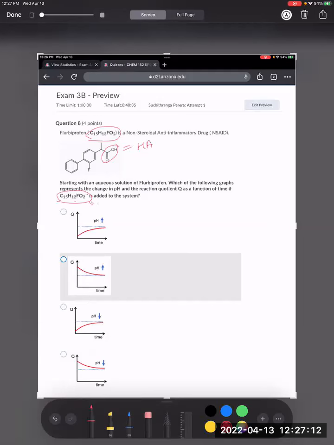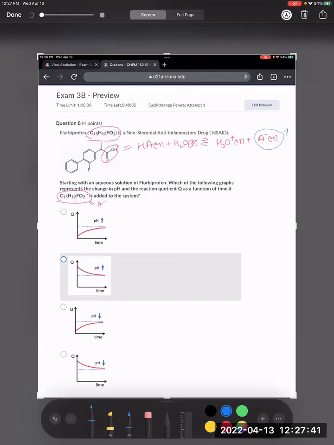So this should be A minus. Now, if you have an aqueous solution of this molecule, that's going to establish this equilibrium with water: HA(aq) plus H2O(l) in equilibrium with H3O plus (aq) plus A minus (aq).